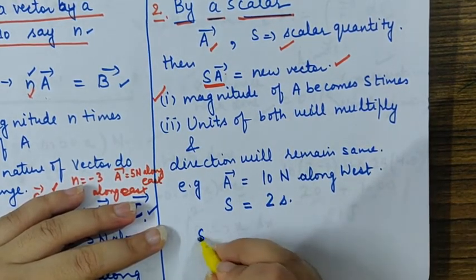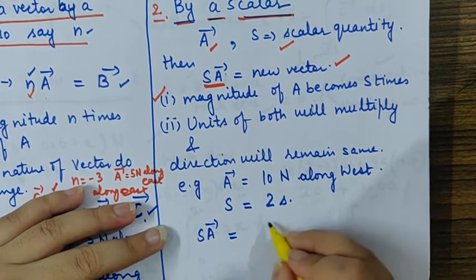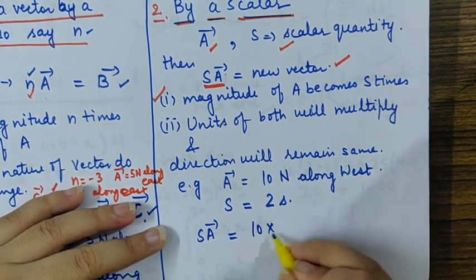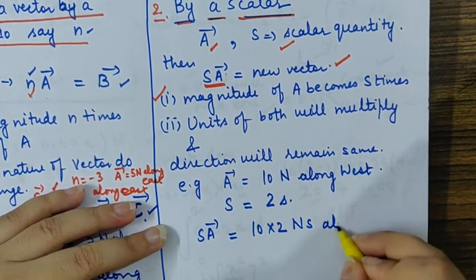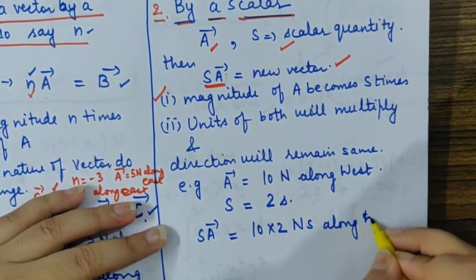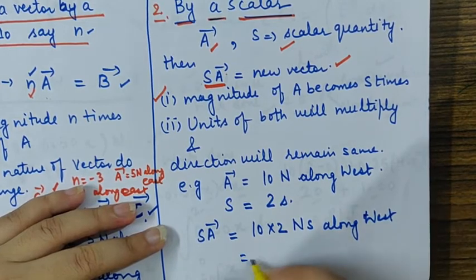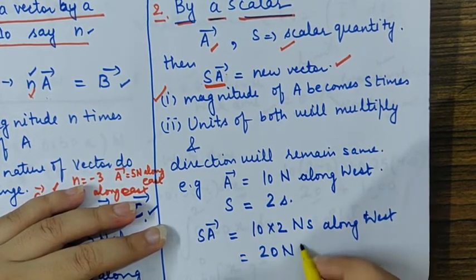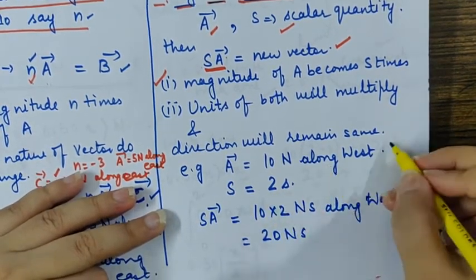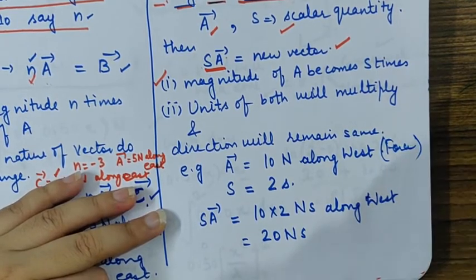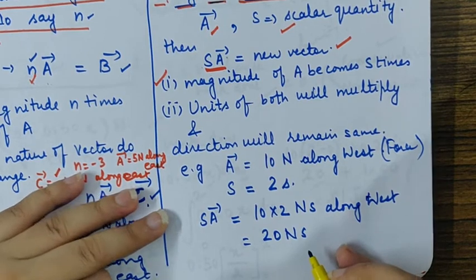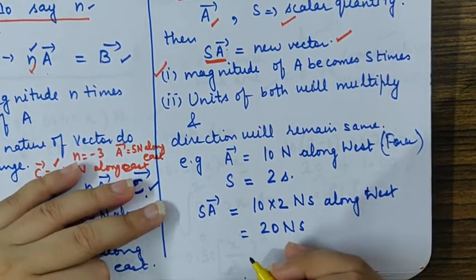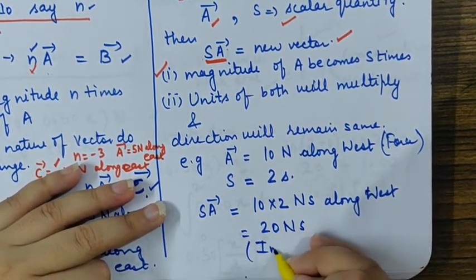Now if you multiply them, S A vector, the new vector will be 10 into 2 first of all, unit will multiply with unit, direction will remain the same, and the quantity will be 20 Newton second. So earlier it was force, but now it has become force multiplied by time.